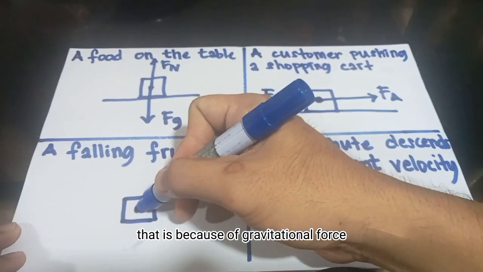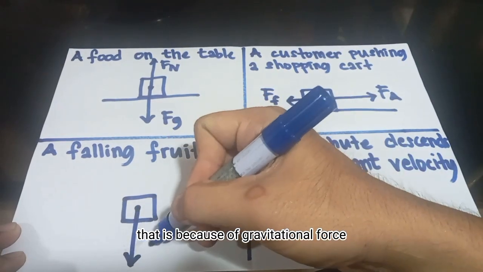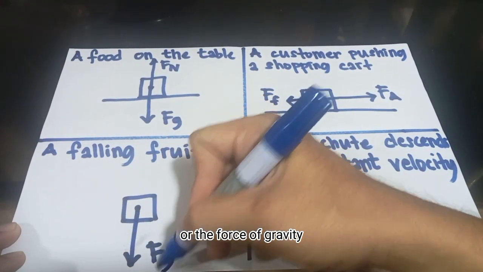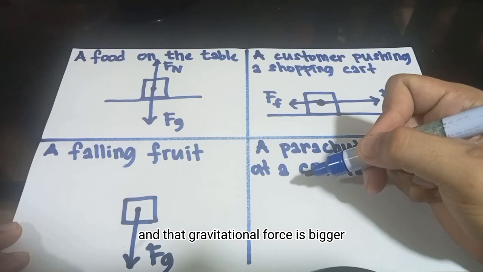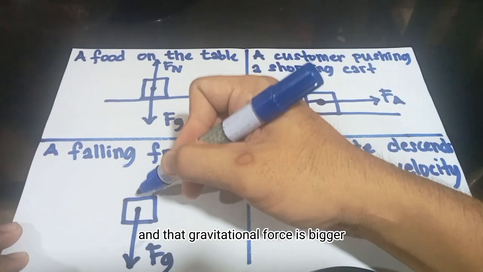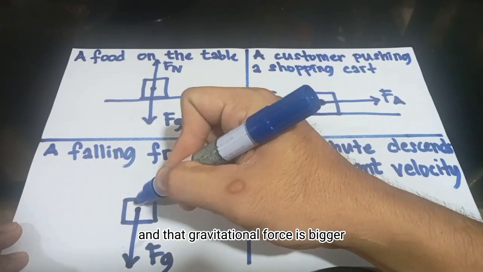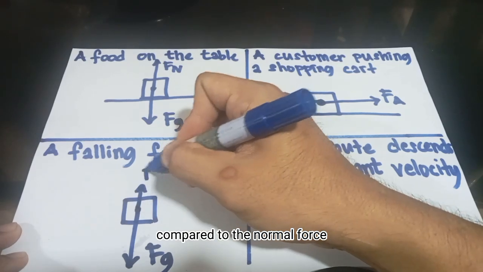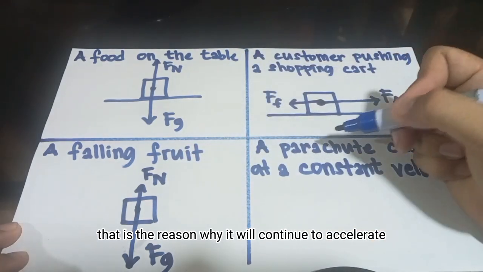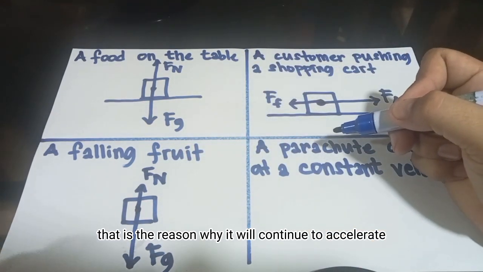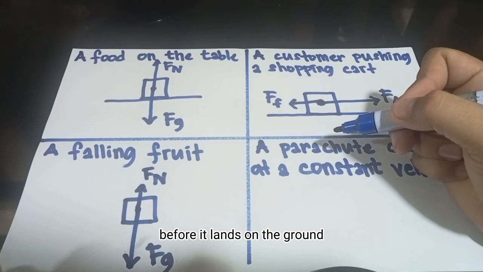That is because of gravitational force, or the force of gravity. And that gravitational force is bigger compared to the normal force. And that is the reason why it will continue to accelerate before it lands on the ground.